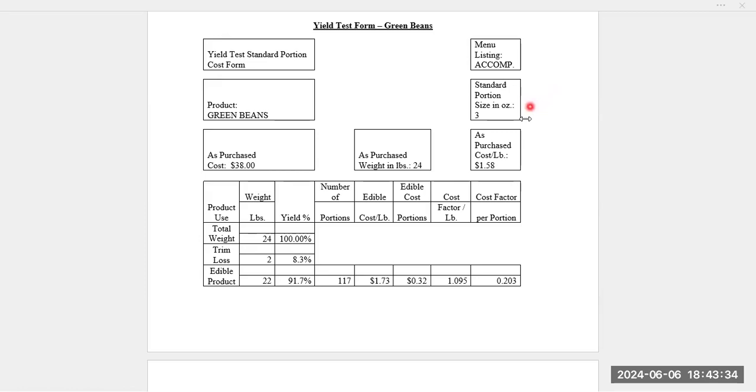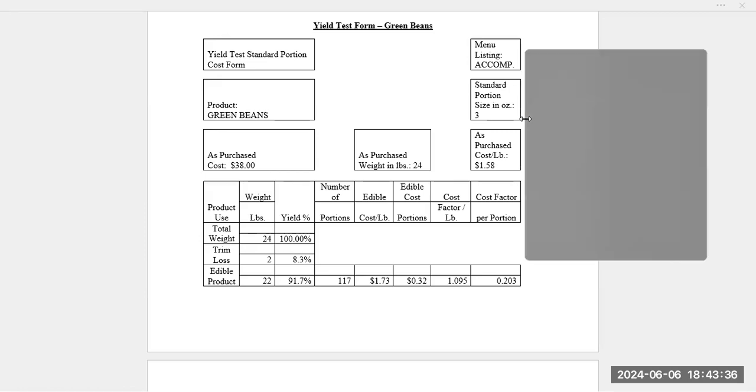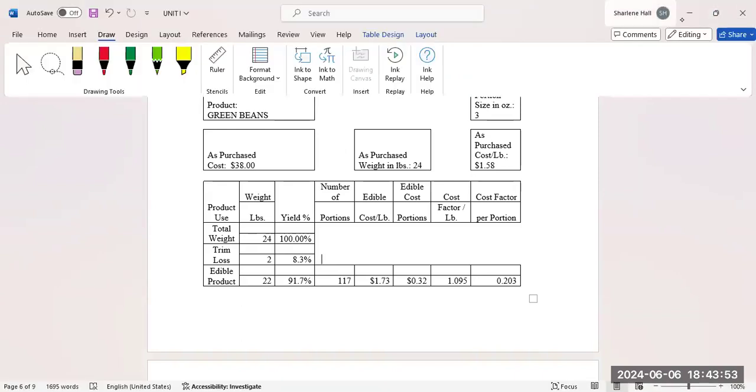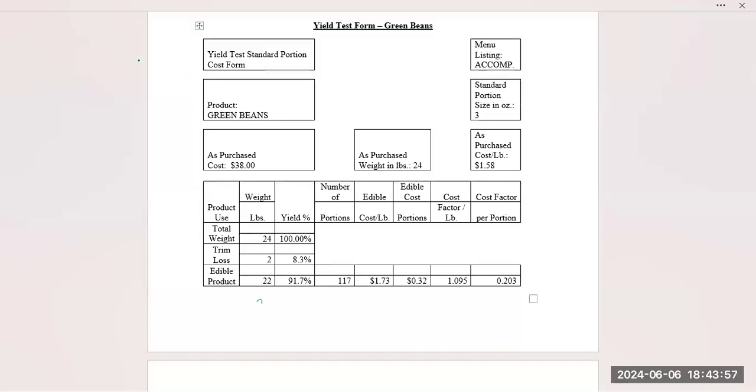So look at what I would do. I know my loss is 2 pounds. How many pounds did I purchase in total? 24.